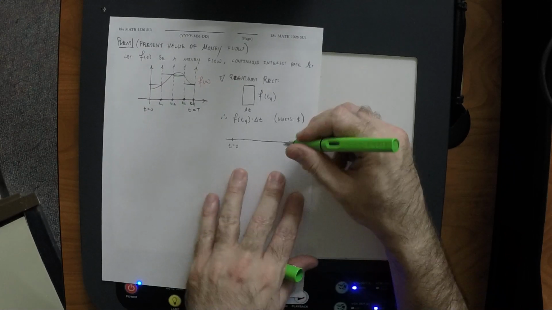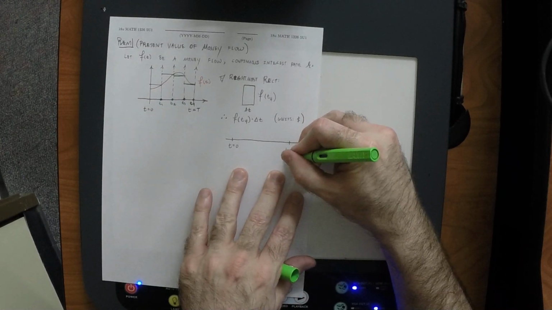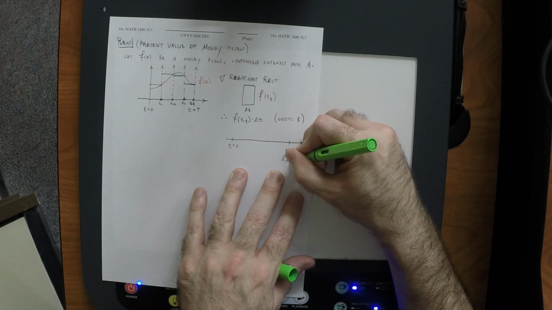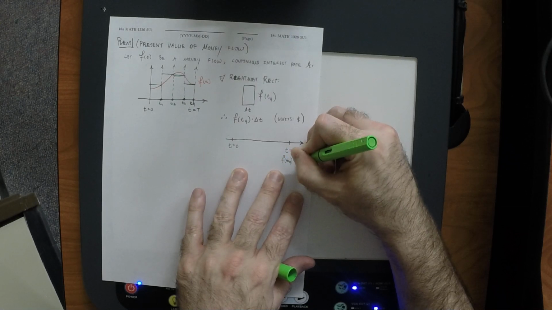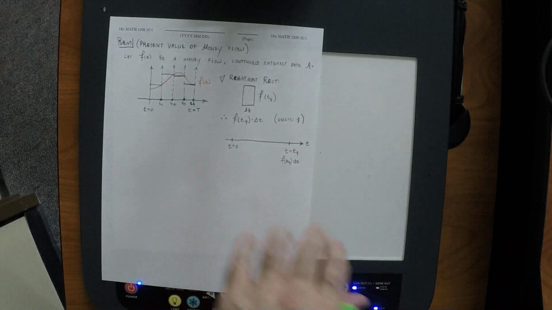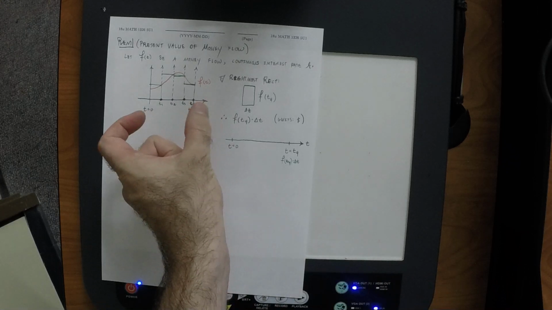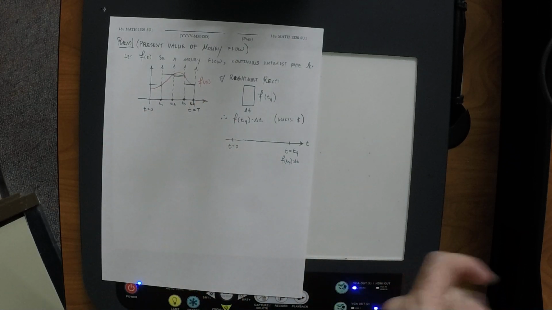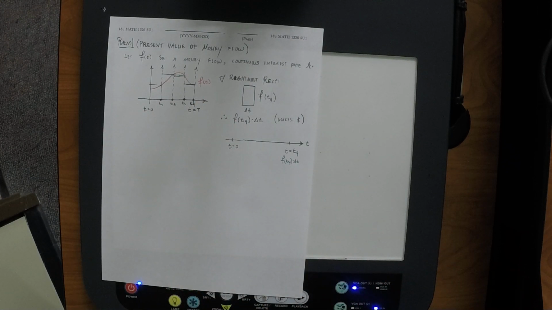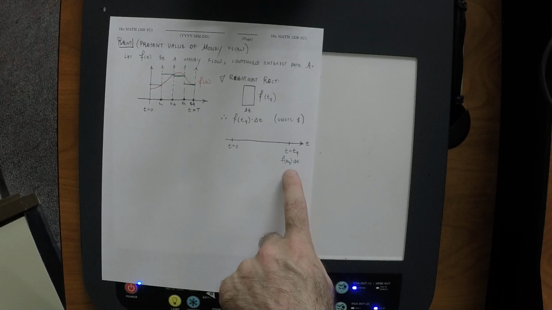So what we received at this time was a payment of size f of T4 delta t. And we're conceptually breaking this into 4 separate payments. And what we're asking is, what would you accept right now to give up those 4 payments?